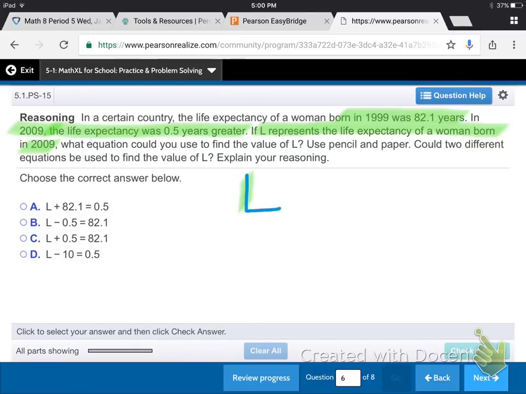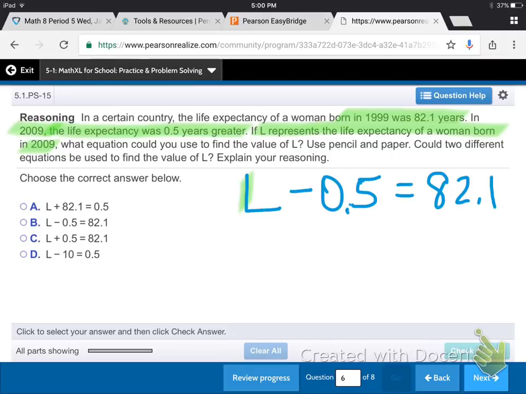L is the life expectancy of the woman born in 2009, which is 0.5 greater. So if we subtract that 0.5, that will be equal to the life expectancy of the woman born in 1999, which was 82.1. So there you go.